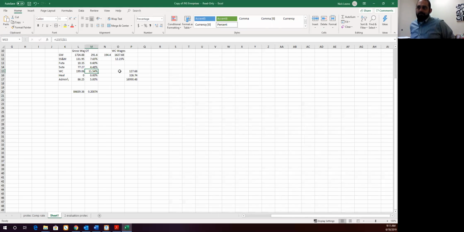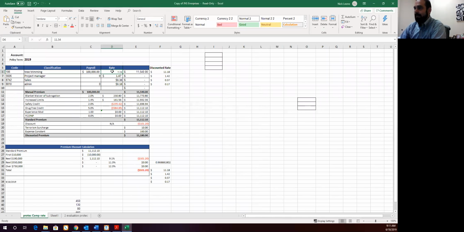They're really not paying that, but effectively they're paying 20%. So we see that, hey, if we're going to have $85,000 in workers' comp wages this year under the tree trimming code, we can see that the manual rates are going to be approximately $9,800.